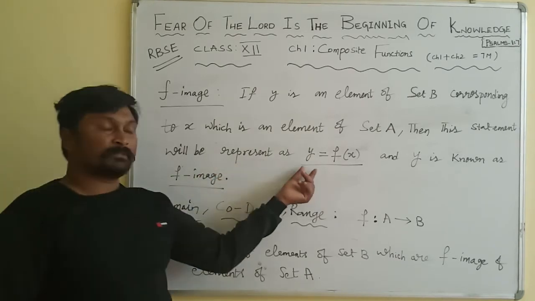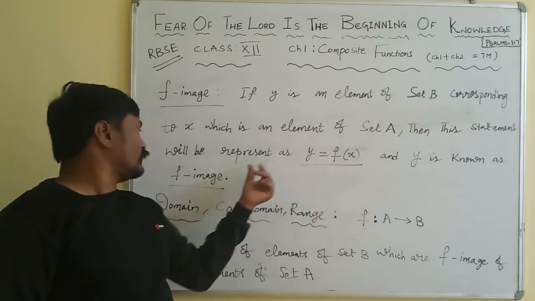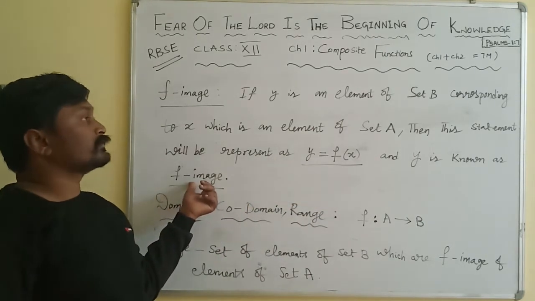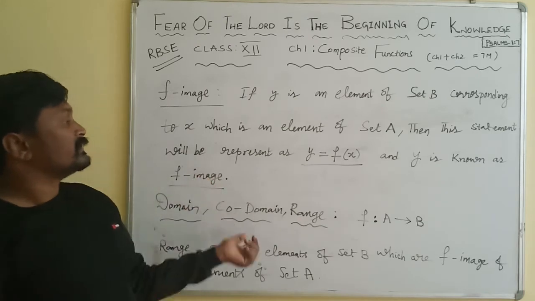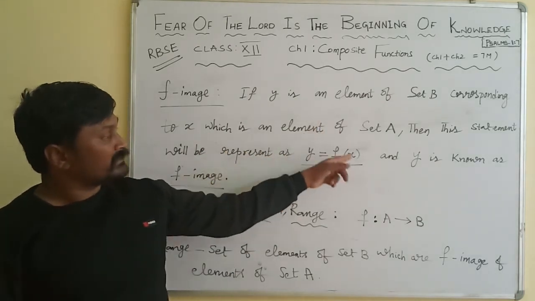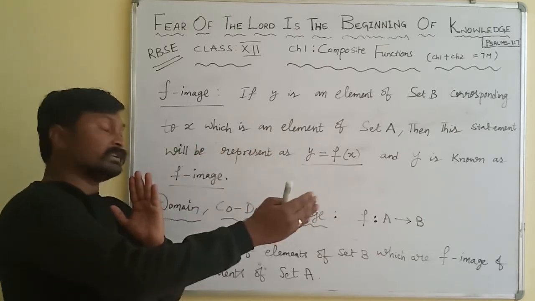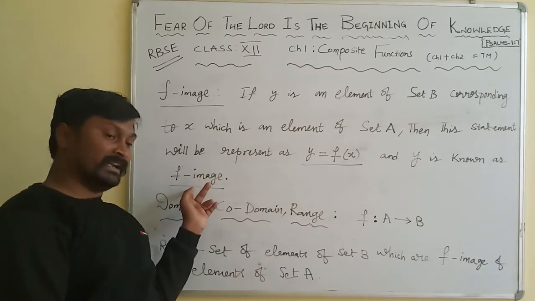So in this expression, y is equal to f of x, y is called the f image. The meaning is, whichever set B element is connected with set A, that set B element is called the f image.